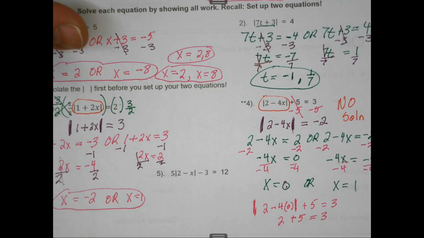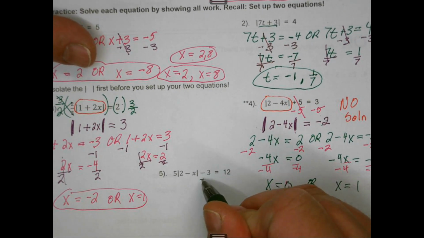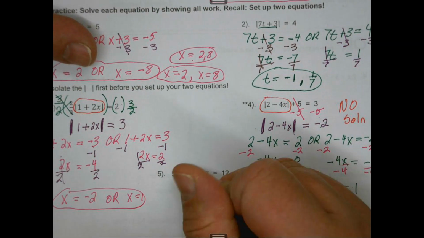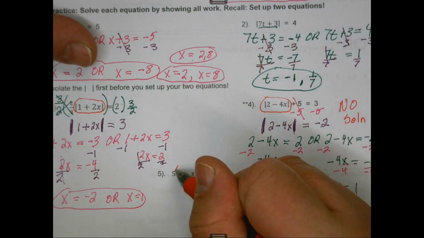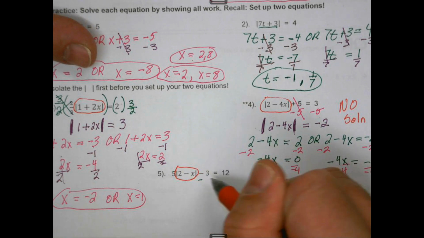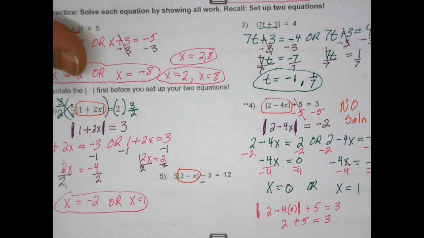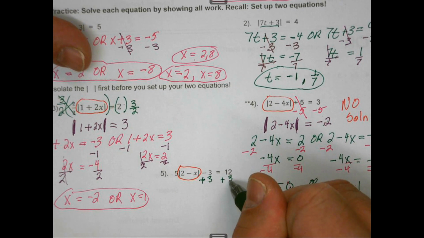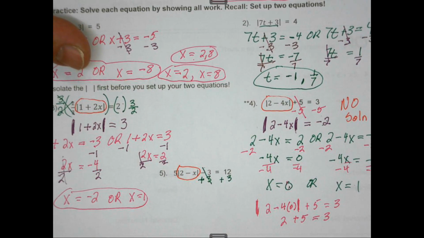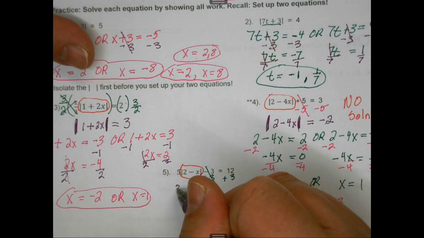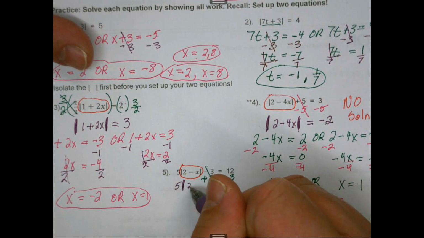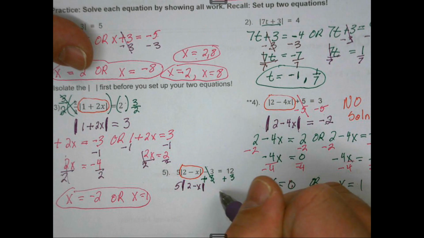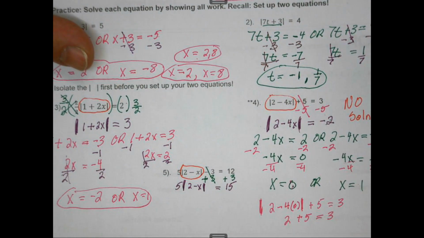I get 5 times the absolute value of 2 minus x equal 15. I still have to divide by 5. I get the absolute value of 2 minus x equal 3. Now I can separate them.